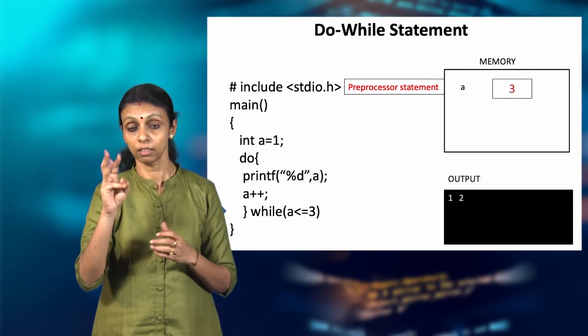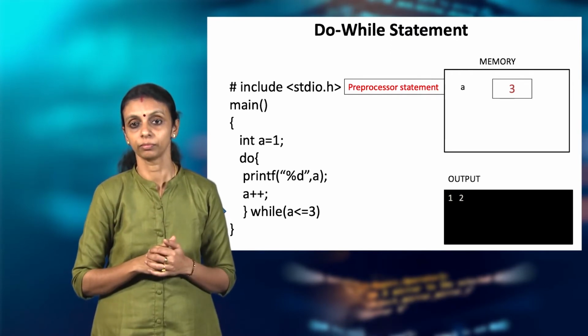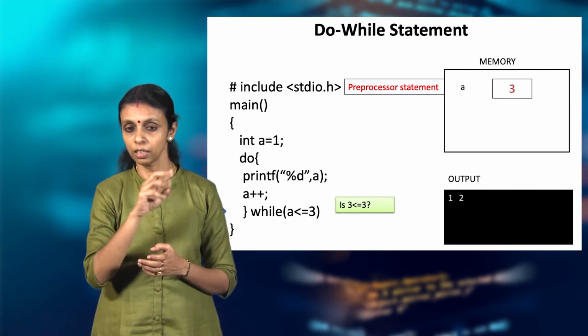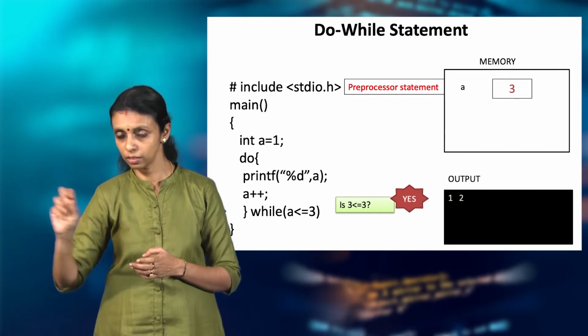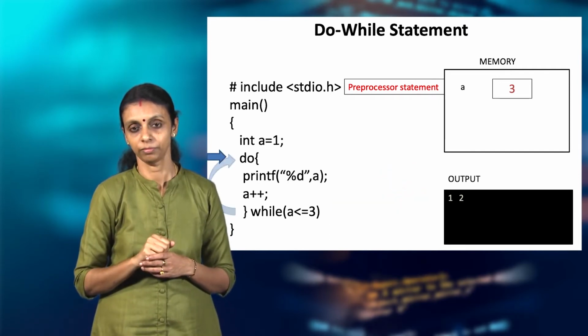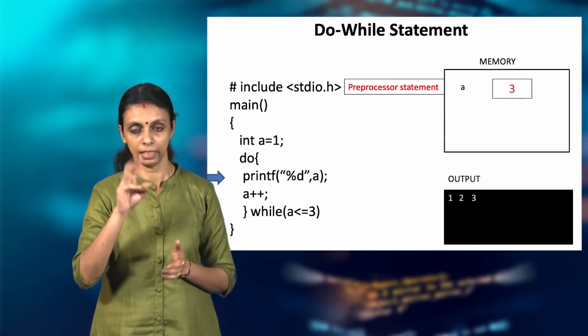This value is stored in A. Checks the condition. Is 3 less than or equal to 3? Yes. Loops back. Prints value of A, that is 3.